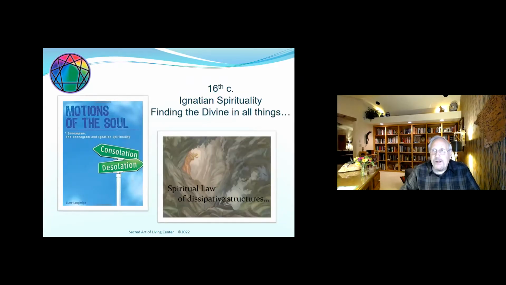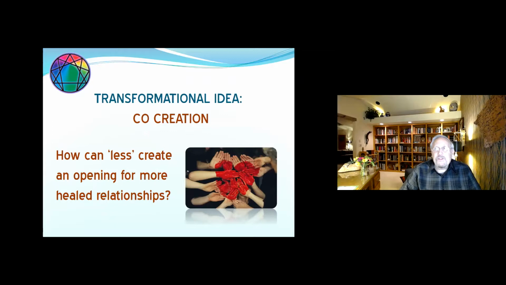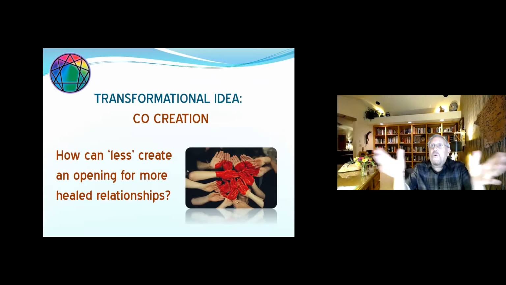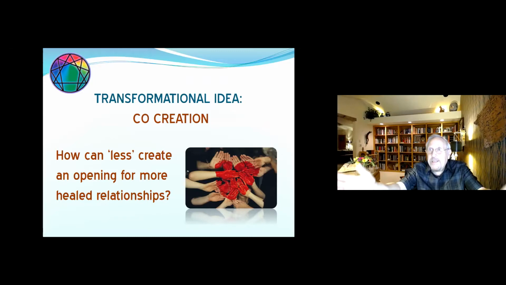Ignatius gives us some advice from the Iberian tradition of the Enneagram. So the invitation is co-creation. This is what happens when you put 7 and 5 together. The sacred question becomes, how can less create an opening for more healed relationships?